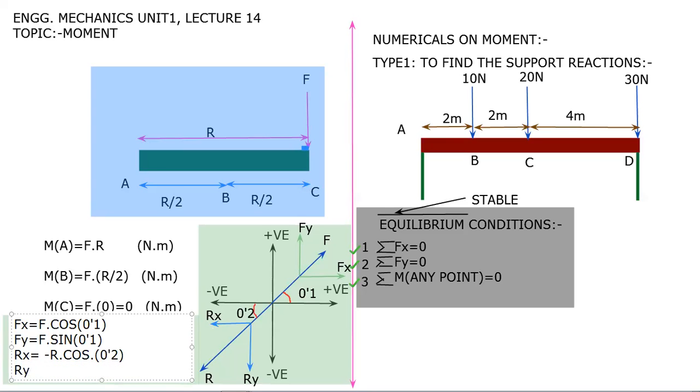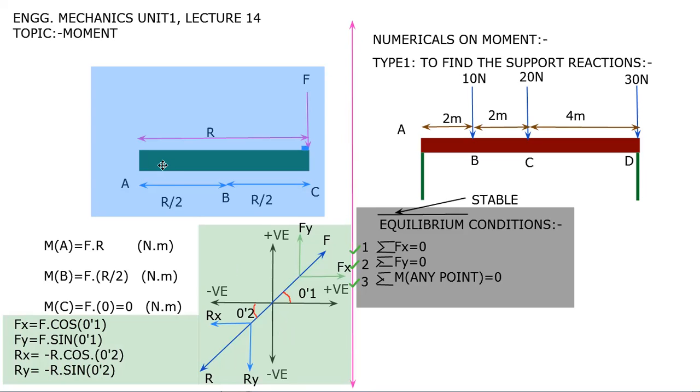And Ry is again in the negative y direction, so Ry will be minus R sin theta 2. This is the important concept that you should know.